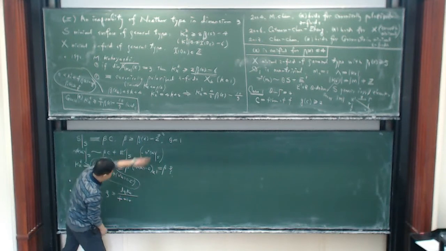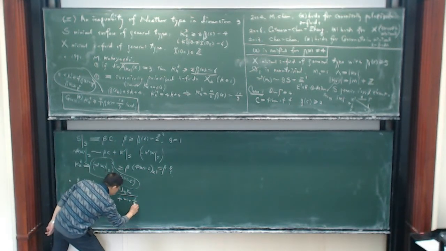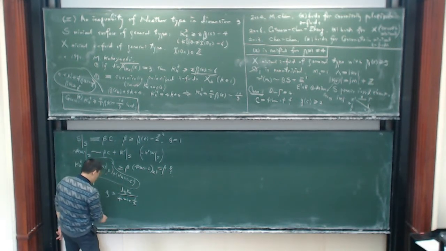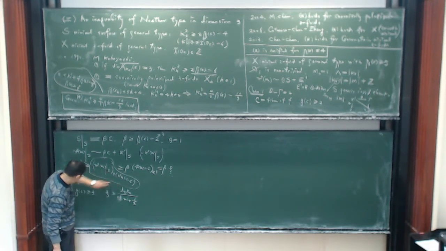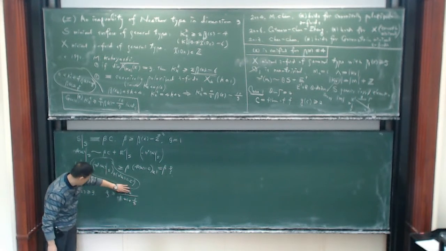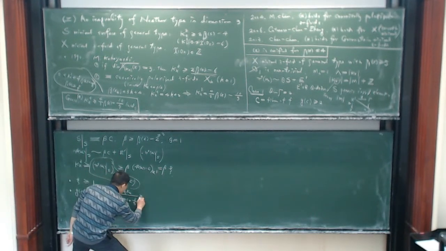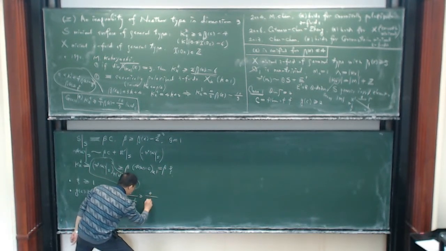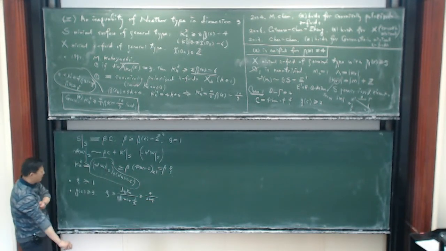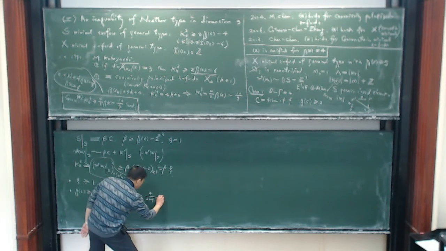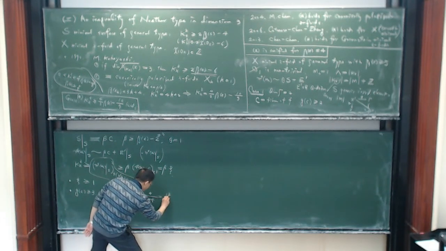Beta is at least 3, so this is 4 over 2 plus 1 over 3, which is 12 over 7.